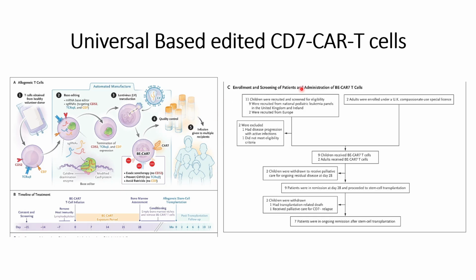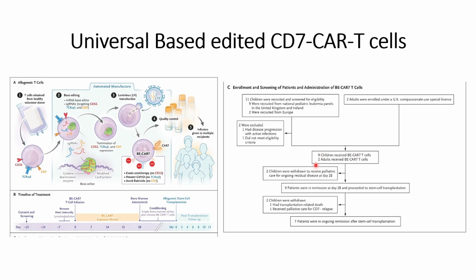And how they did the enrollment: they first screened the children, and they were able to recruit 9 children from the United Kingdom and Ireland, and 2 were from Europe. And they also recruited 2 adults after their compassionate use special license. 2 persons were excluded because they had active infections, and 1 did not meet the eligibility criteria out of these 13.